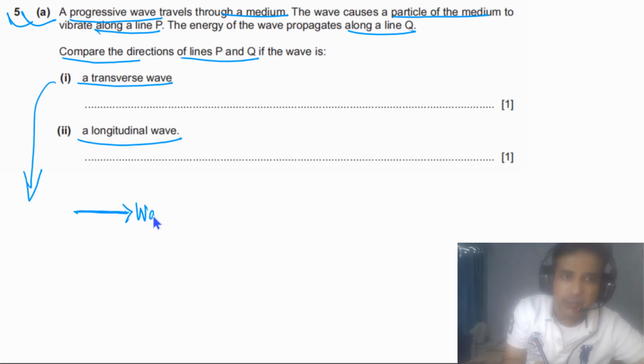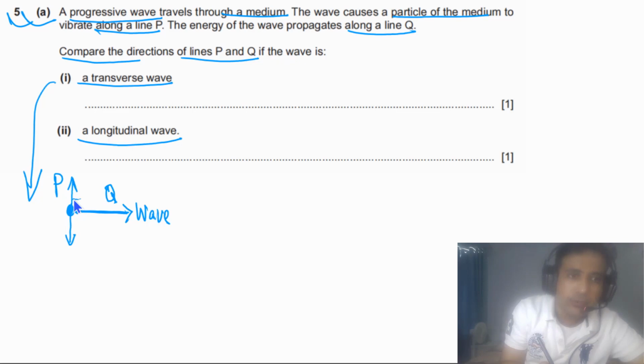This is the direction of the wave, or we can say this is the direction of energy transfer, and this is represented by Q. Now imagine that we have a medium particle, and due to the transverse wave, it will be vibrating up and down, meaning it will go up and it will go down. So this is represented by line P. The question is asking us to compare directions.